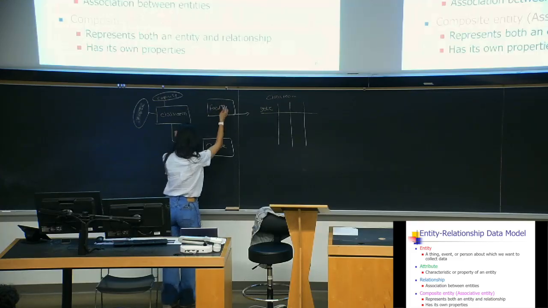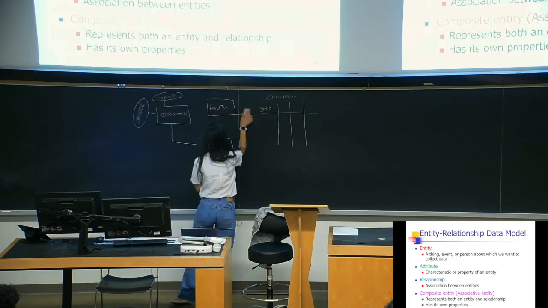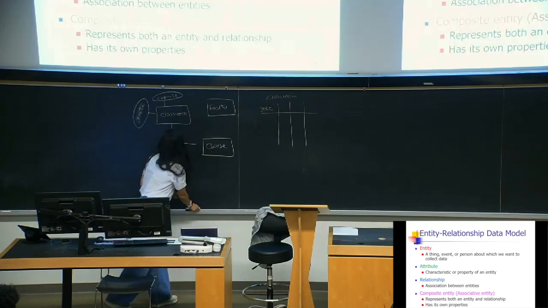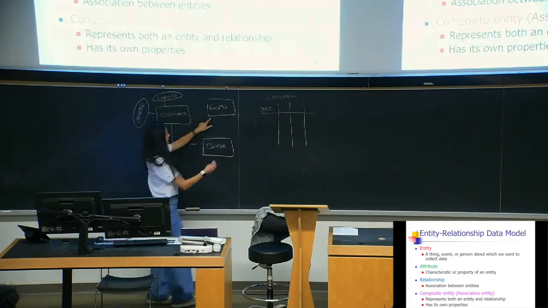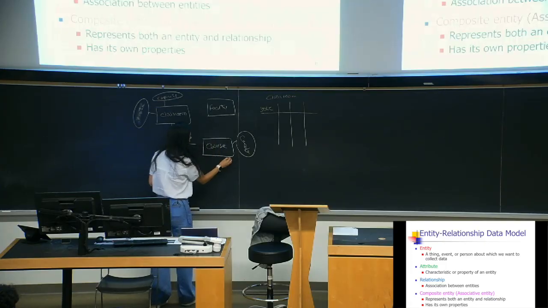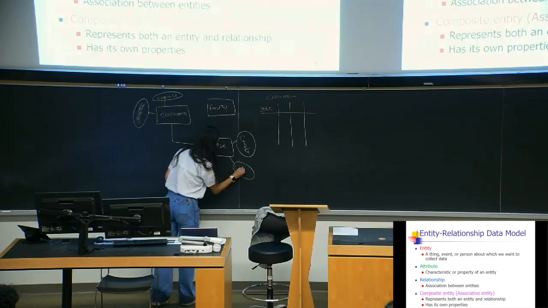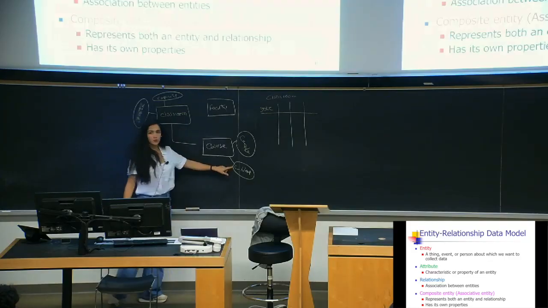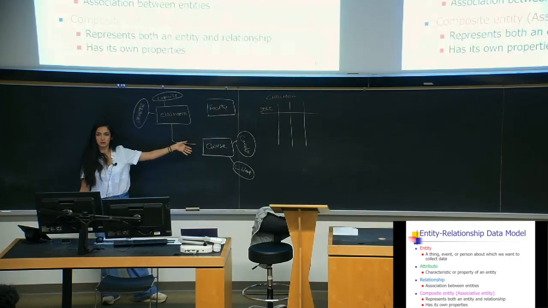Faculty, professors, instructors, you name it. And then this would have, for example, course code as the attribute. Let's say course here, and course name, right? Can course name be an attribute for the course?